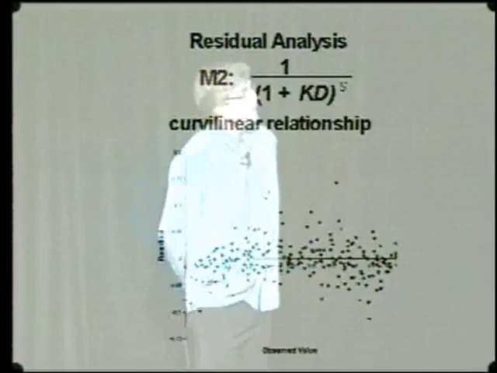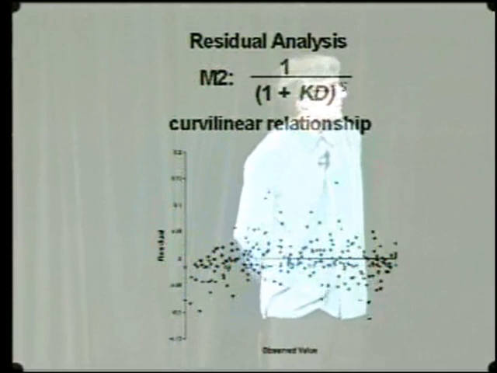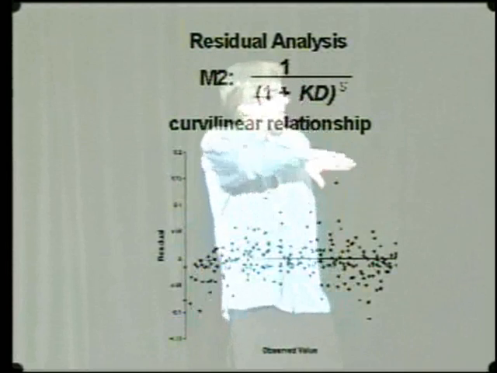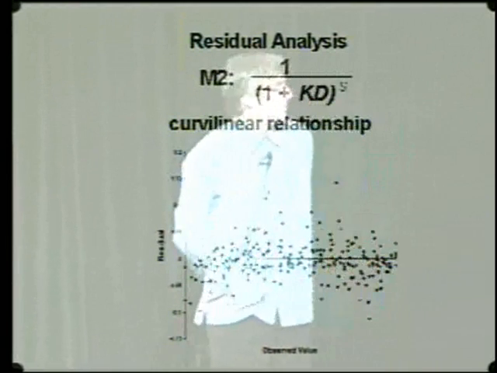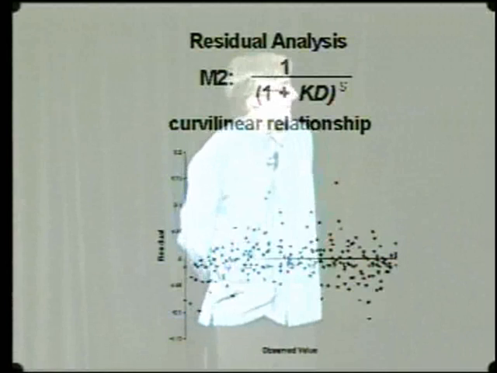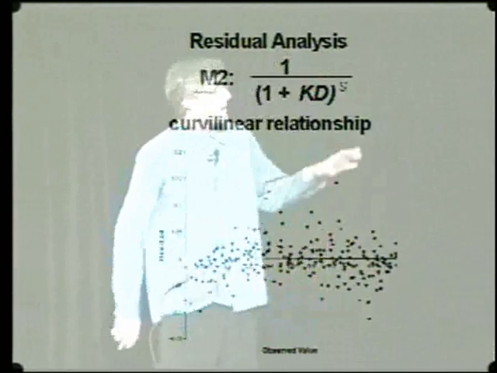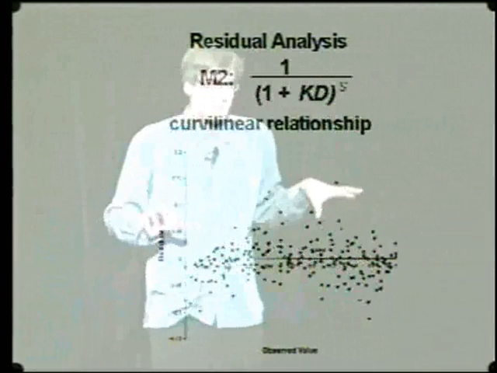For the generalized hyperbola, the residuals don't show any kind of linear correlation, but there seems to be, in fact, something non-random. It looks like there's a kind of curvilinear relationship, sort of an inverted U-shaped function. Actually, when I first saw that, I thought it looks like Australia, which is actually something very bad if you're in New Zealand. But anyway, this also looks like there's something non-random.